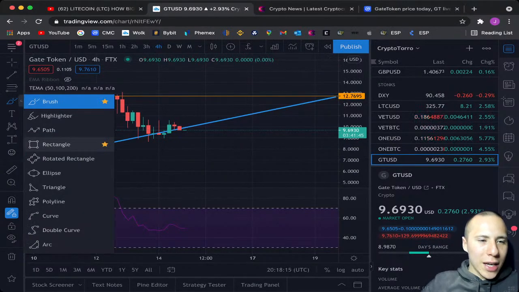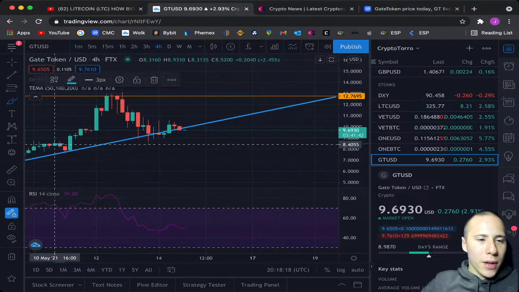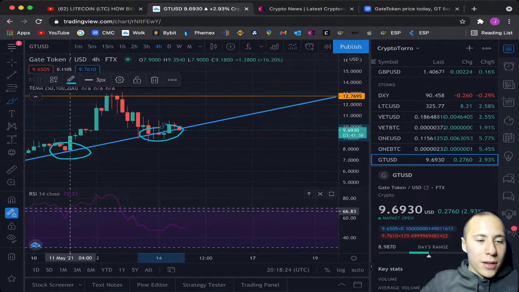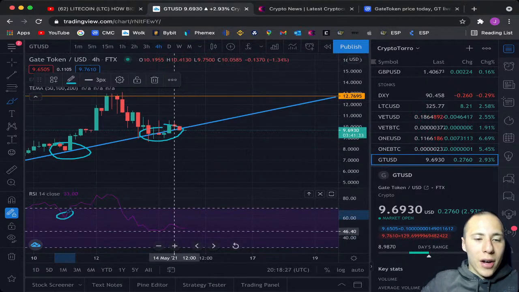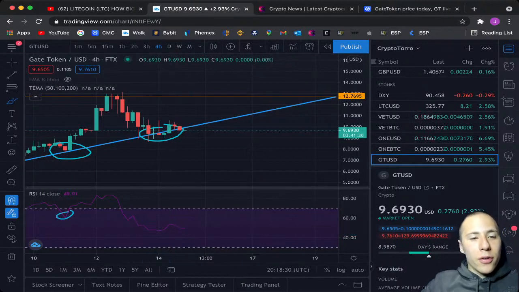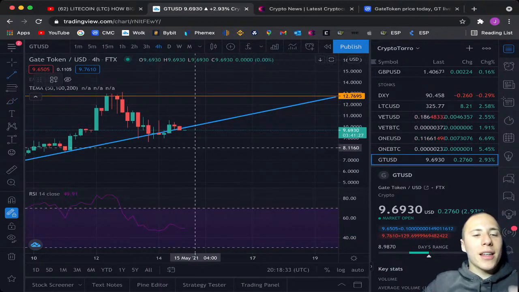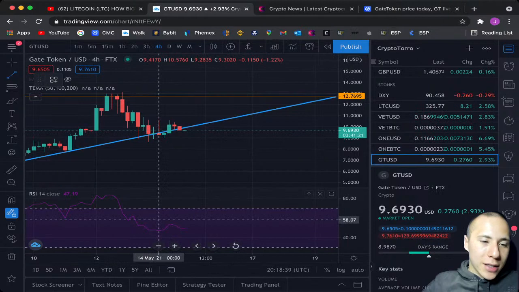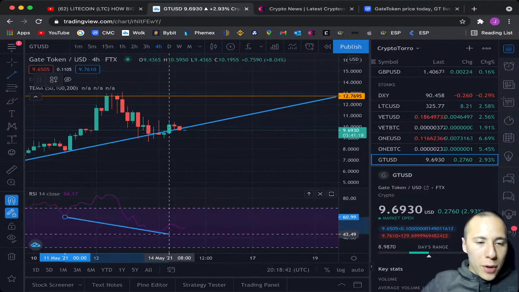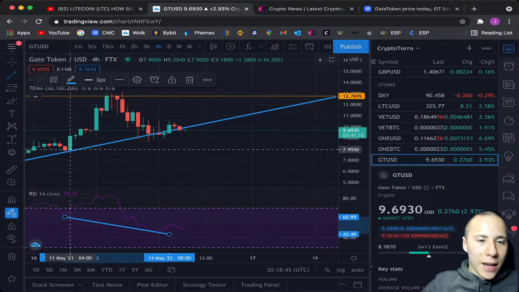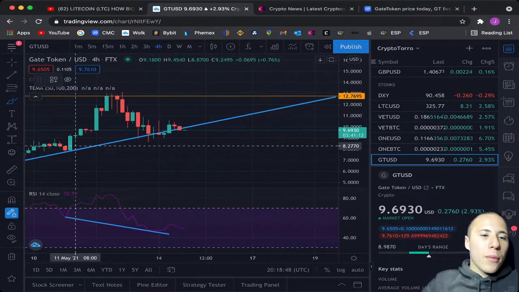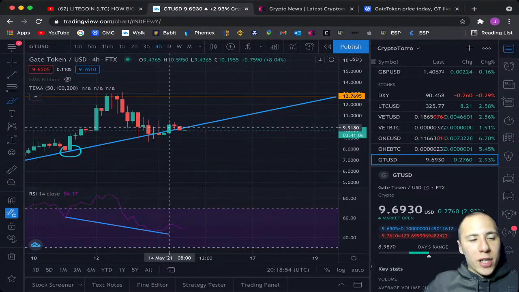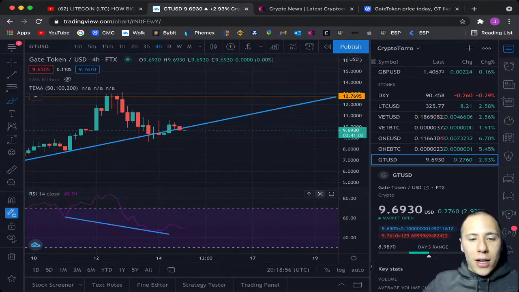But what we are seeing over here is a higher low being created on the chart, but as well a lower low being created on the RSI, and this is just wonderful news, because this gives me a little bit more hope that this descending triangle will be breaking out towards the upside, because once we spot a bullish divergence, it is very likely that we will be seeing this particular coin go up instead of going down. So that is what we spotted right now on the RSI compared to this chart.